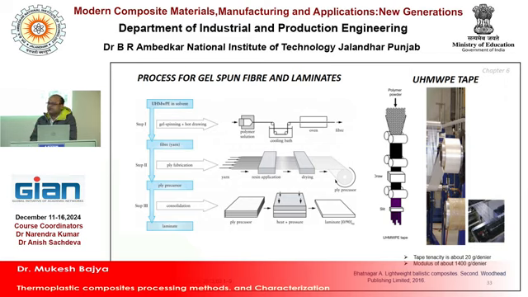It's more like a sintering process, just fusing the polymer powder, and then you are making the tape, and then further you go for drawing or stitching, and you get a high modulus, high strength tape. After making the tape you can go directly to ply precursor manufacture, then you can prepare the different laminates. So this is a cost effective and environment friendly process, because you are not using solvent, but in case of gel preparation you need to use the solvent.